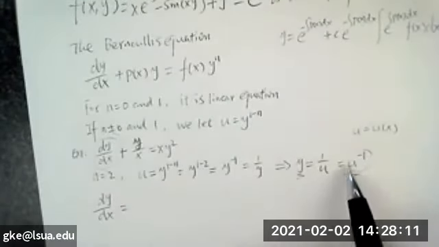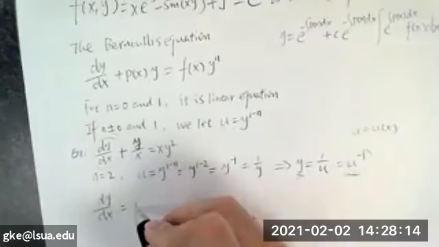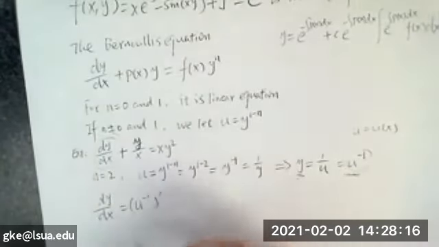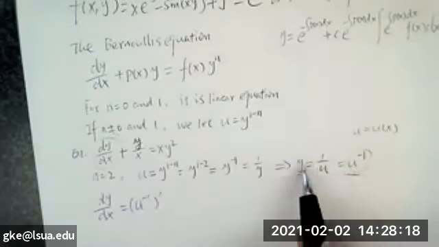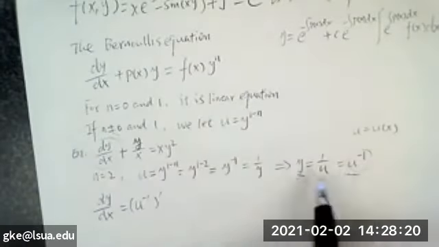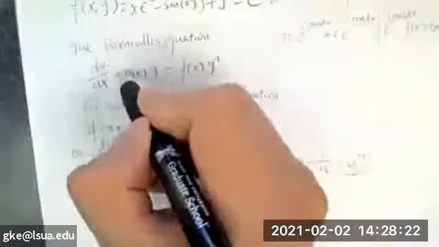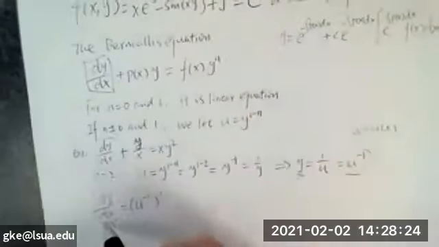dy over dx here is what? We take the derivative of this guy, because y equals this one. We need to calculate dy over dx.